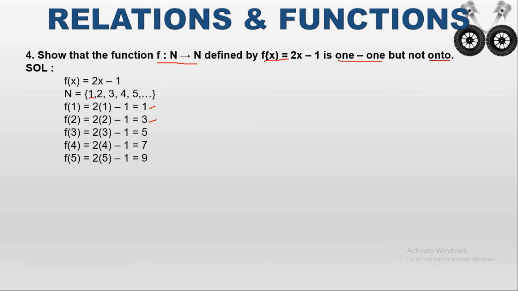Then f of 3 equal to 2 into 3 minus 1. 2 into 3 is 6, 6 minus 1 is 5. So f of 4 equal to 2 into 4 minus 1, that is 8 minus 1, which is equal to 7. f of 5 equal to 2 into 5 minus 1, which is equal to 10 minus 1, which is 9. Since it is the natural numbers, it will continue.